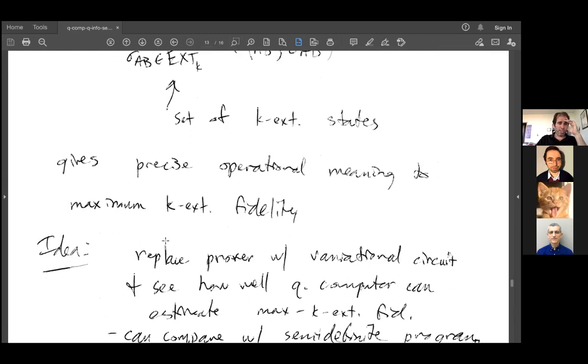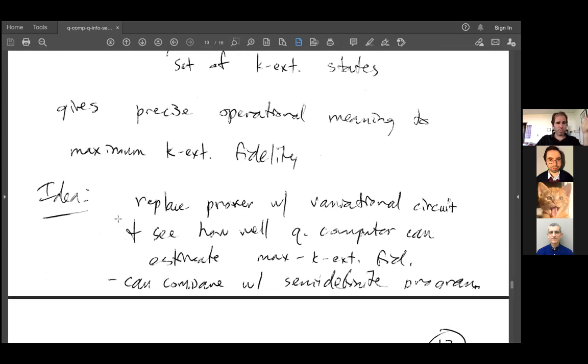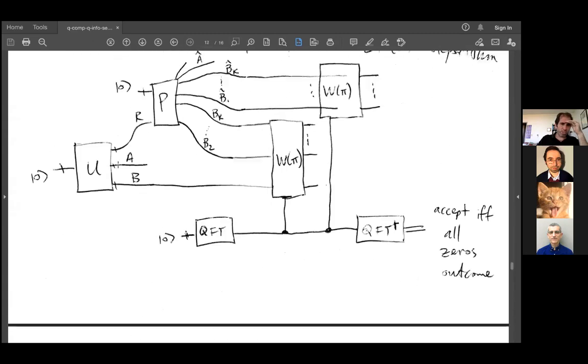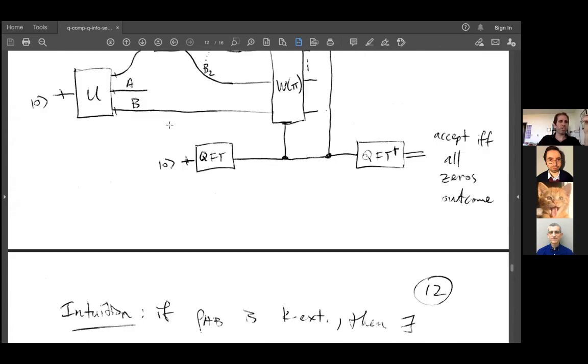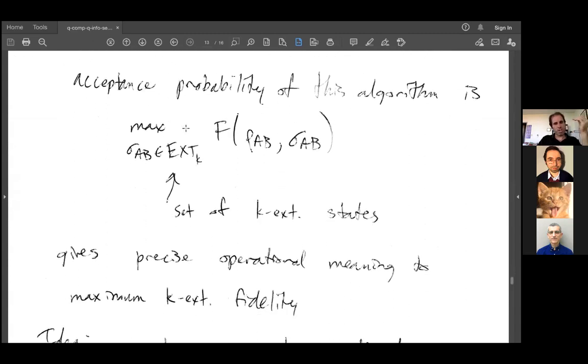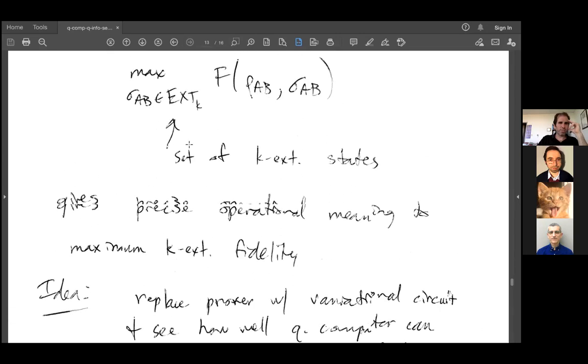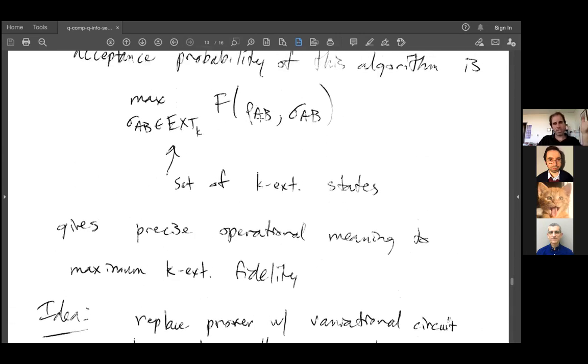Okay, so one idea that we're doing in the unpublished work is something I mentioned earlier that these other papers were already doing. Let's take the prover in this QIP2 algorithm. Let's replace the prover with a variational circuit and see how well we can estimate this maximum K extendable fidelity. And then that allows us to understand how entangled this state rho AB is.